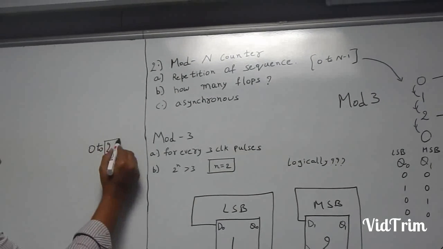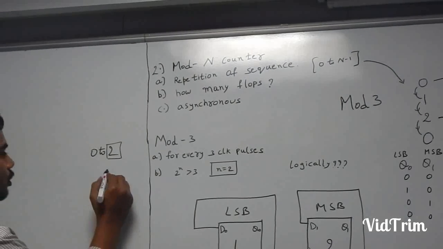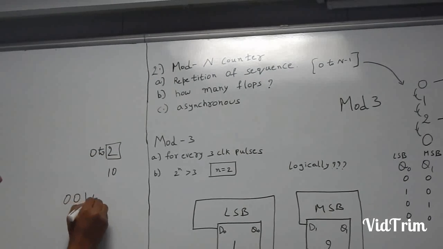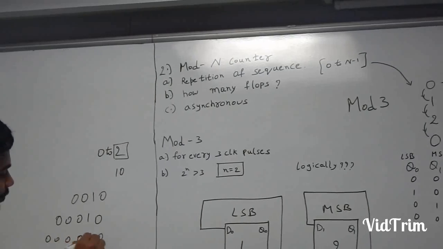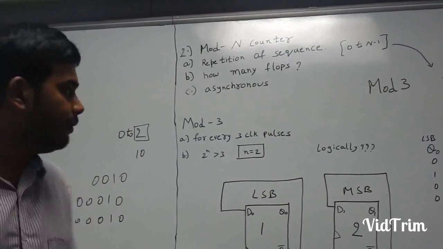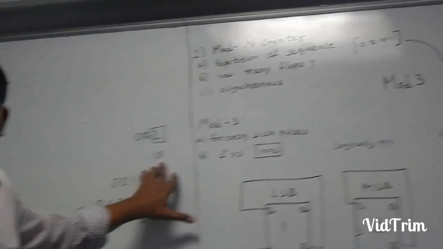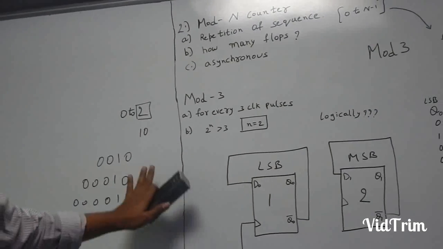To represent 2, how many minimum number of bits are required? Obviously 1 0, it's 2. But what is the minimum number of bits? There are 2, and each bit is 1 flop. So 2 bits, 2 flops are required. Logically you can get this.